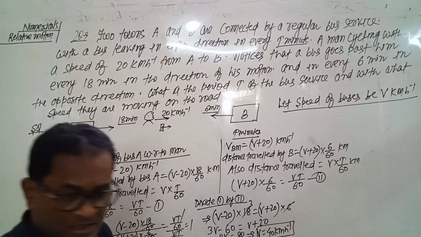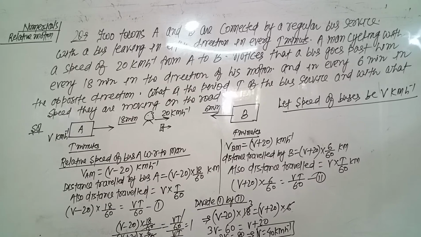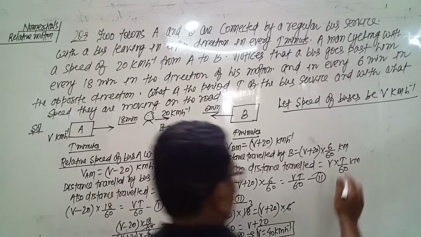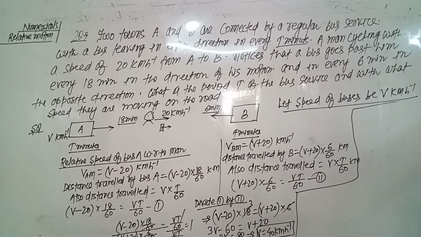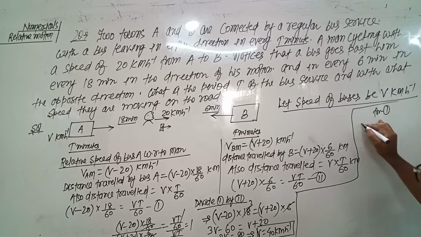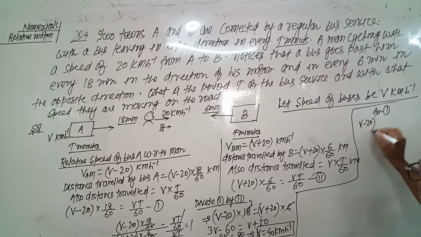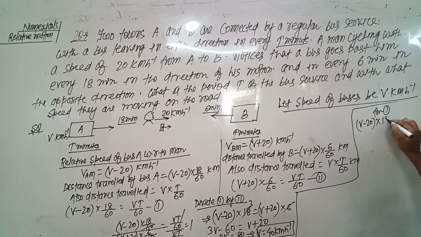So this is the speed of both the buses by which they are moving on the road. Now we have to calculate the time period, capital T. From the first equation, (v minus 20) into 18 by 60 equals v T by 60. 60 and 60 get cancelled, and we put the value of v.